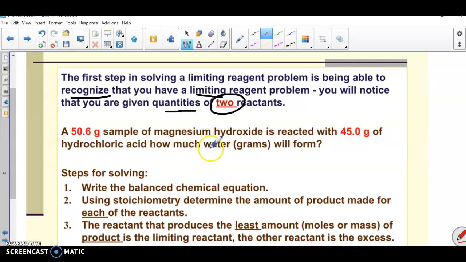And I want to know how much water is formed in grams. Same steps as we had before. Write the balanced equation, using stoichiometry determine the amounts of products made for each of the reactants, so we'll do that. And then the one that produces the least amount of the product is the limiting one. The other one is in excess. So we're going to run through this.